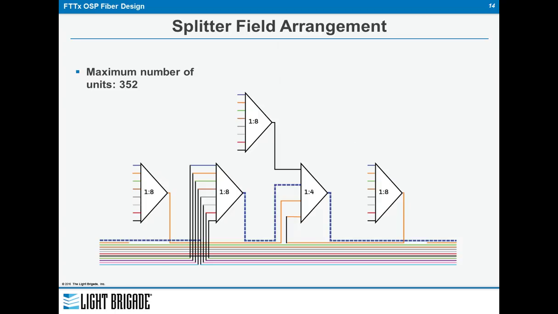Now, keep in mind that these splitters, since they're small count, could be fused biconic taper type, and they're small enough that those could fit quite easily into a single slot in an organizer tray inside of a splice closure. But the number of customers that you can feed is quite substantial. On the disadvantage side, this requires a lot of really good record keeping. Where are your splitters, and who are they actually providing the light to?